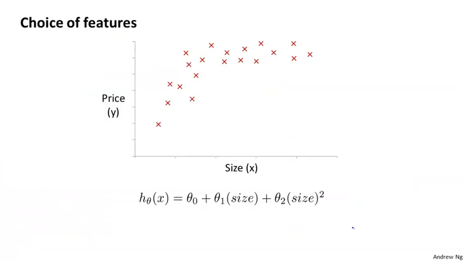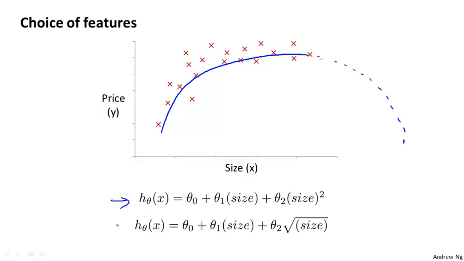Finally, here's one last example of how you really have broad choices in the features you use. Earlier we talked about how a quadratic model like this might not be ideal, because maybe a quadratic model fits the data okay, but the quadratic function goes back down, and we really don't want to predict that housing prices go down as the size of the house increases. But rather than going to a cubic model, you have maybe other choices of features, and there are many possible choices. But just to give you another example of a reasonable choice, another might be to say that the price of a house is theta 0 plus theta 1 times the size, plus theta 2 times the square root of the size, right?